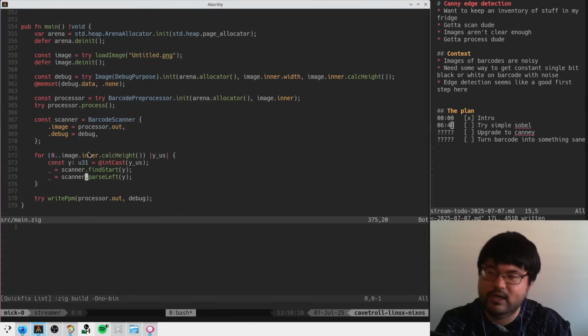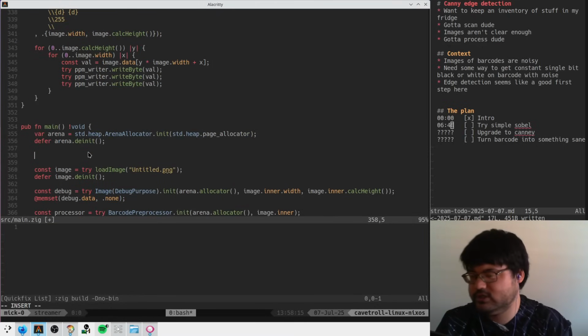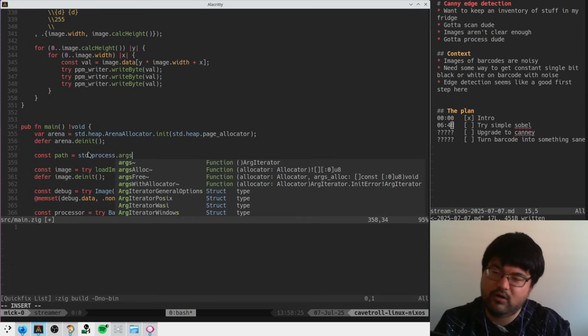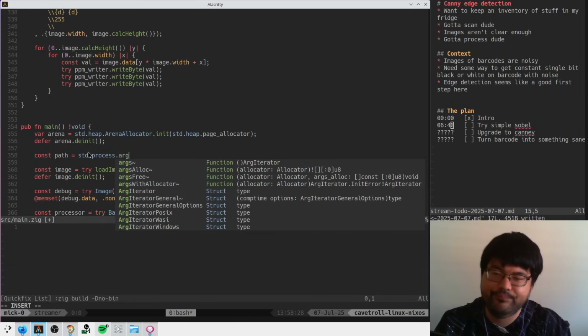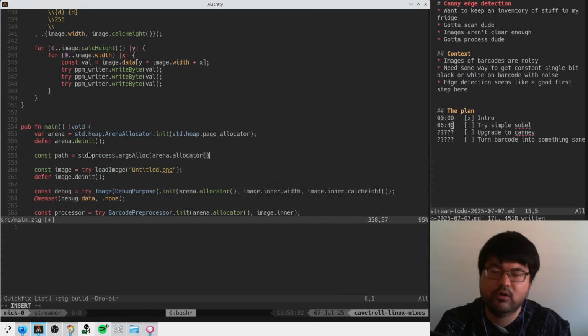So maybe it would be nice, actually, if the image in our little playground here should just come from standard input. Args 1.